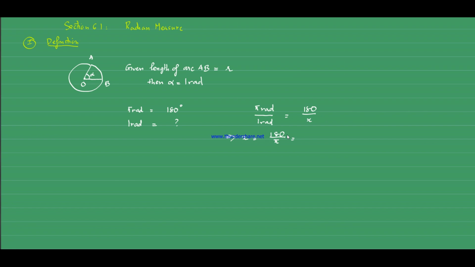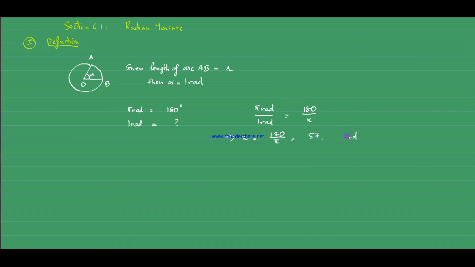So pi in this case will be 3.14. You can take 180 divided by 3.14, which gives you about 57.29596. Oh, degree, I'm sorry, degree.